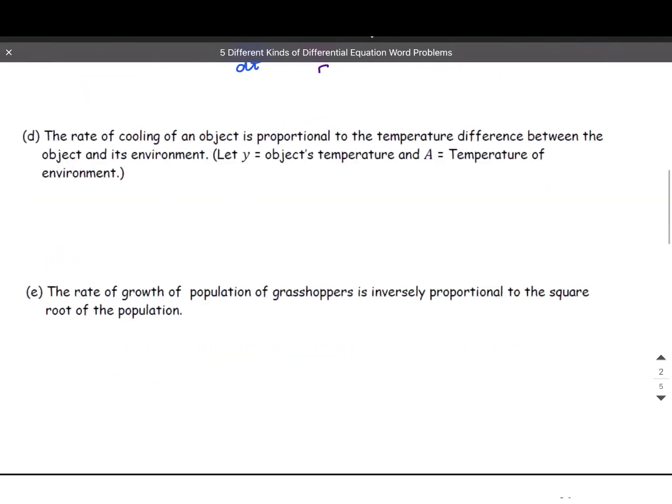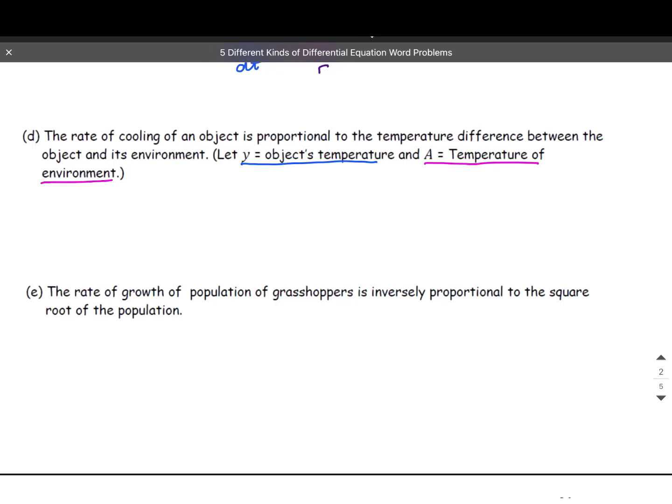Good. Now, the rate of cooling of an object is proportional to the temperature difference between the object and its environment. So y is the object's temperature, and a is the temperature of the environment. Okay?